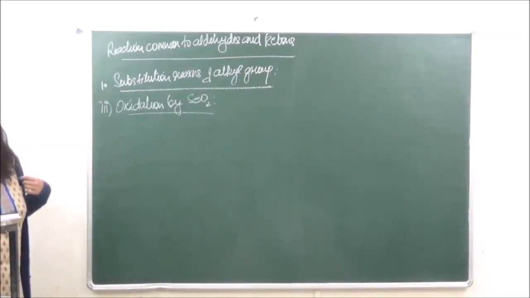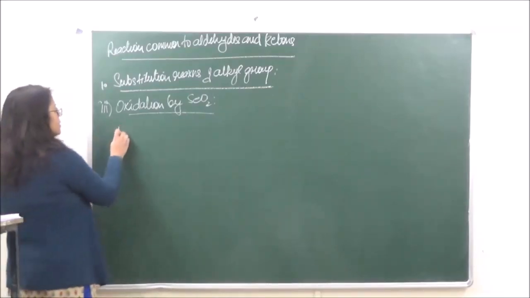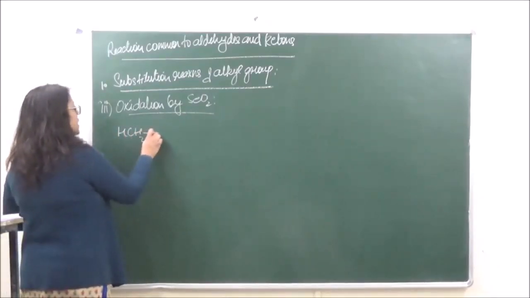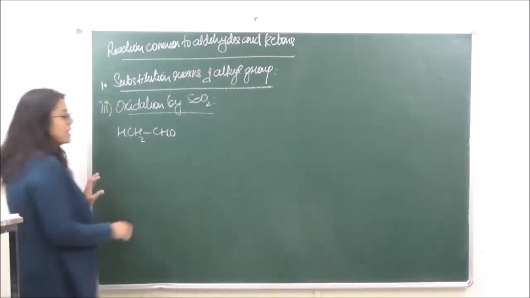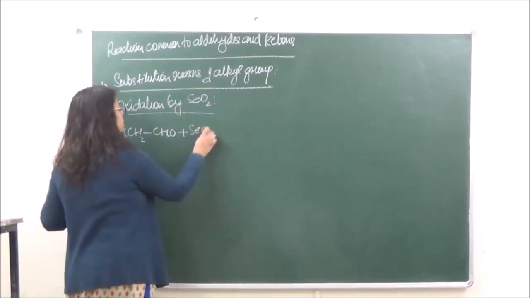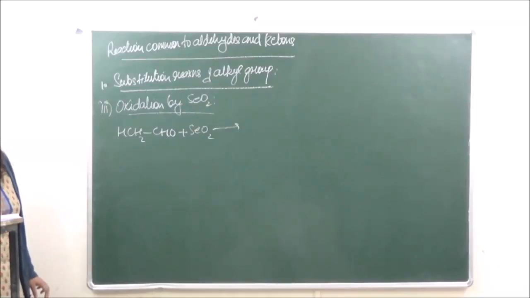Oxidation by selenium dioxide. So over here we are taking an acetaldehyde CH3CHO. When we oxidize it with selenium dioxide, we are going to get over here glyoxal.